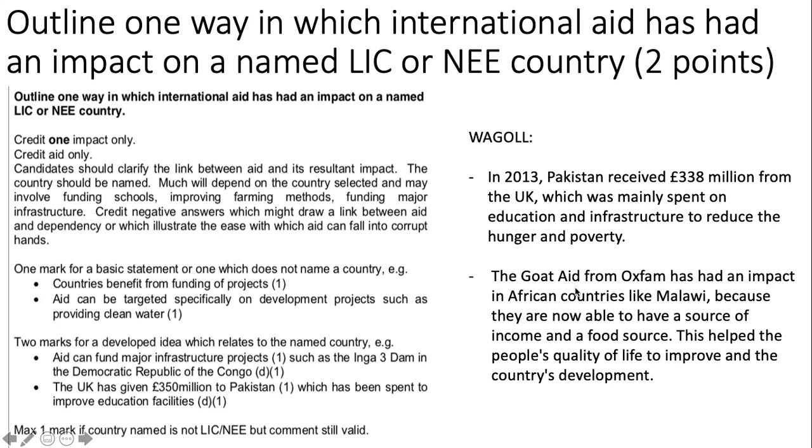And then the second one, we've talked about goat aid. We've got our named example, Malawi, and then the impacts. They're now able to have a source of income and a food source. And then this person has even developed it further to link it back to quality of life and development. So that's what we're looking for there, a named example and also the impact.